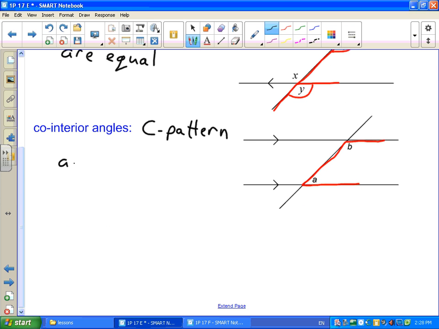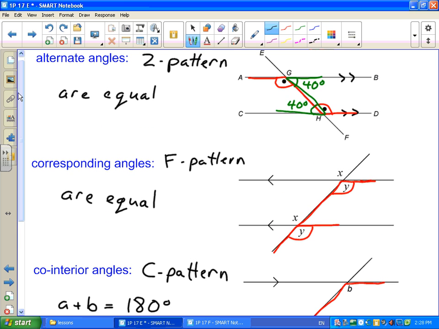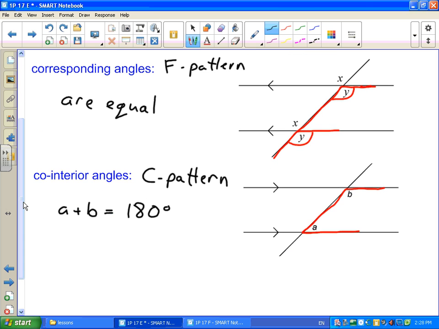So A plus B equals 180 degrees. So we've got this Z pattern where the angles are equal, this F pattern where the angles that are underneath the arms of the F are equal, and we've got this C pattern where the angles that are inside the C add up to 180 degrees.